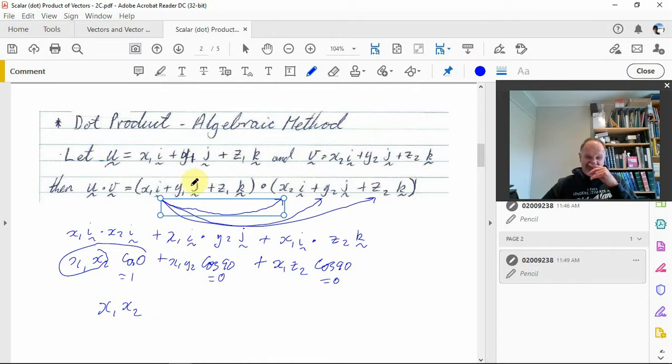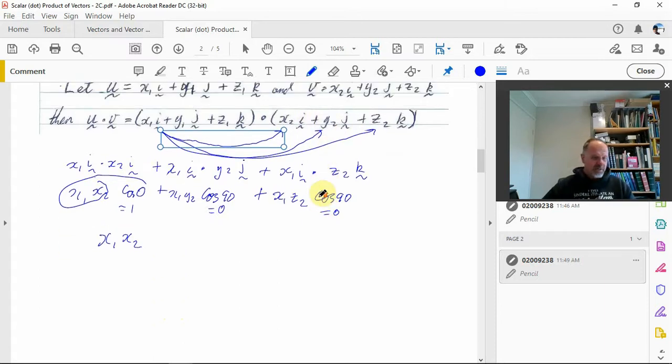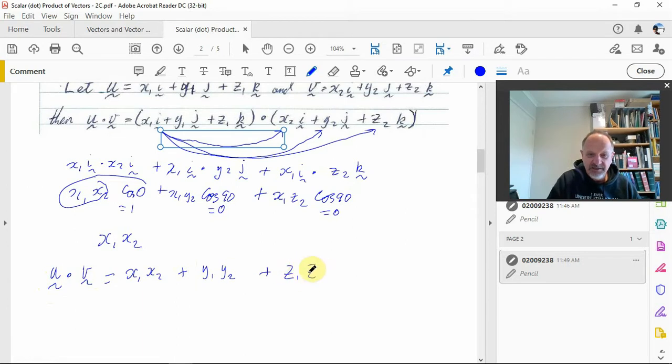We can follow that same process, expanding for the j component and the k component. And so when you do that, what you actually end up with is that u dot v, in the algebraic sense, is just x1 x2 plus y1 y2 plus z1 z2.